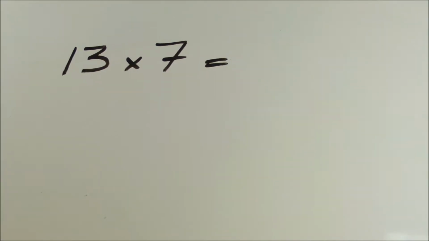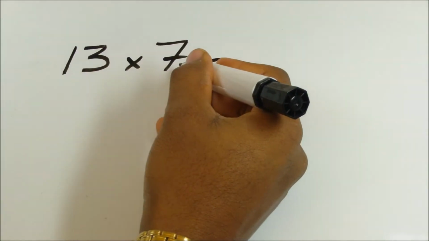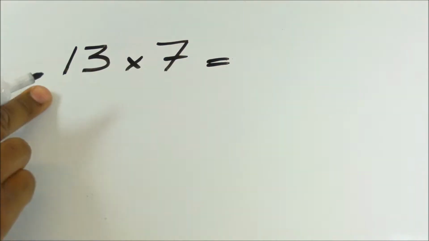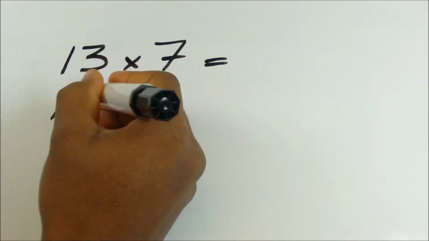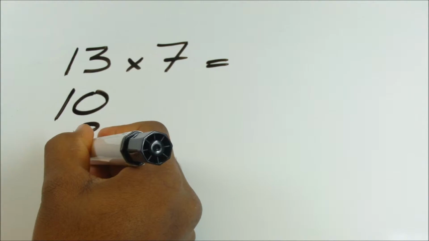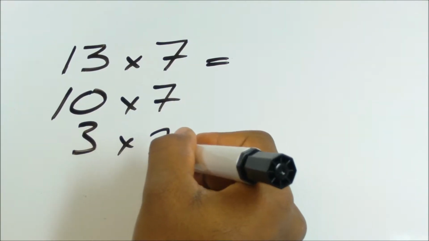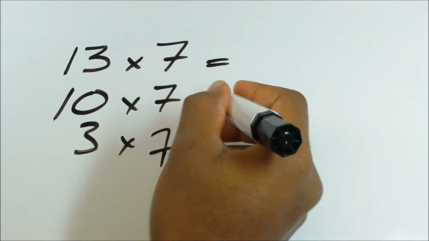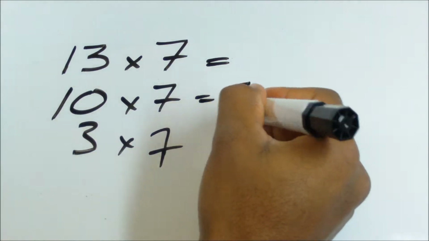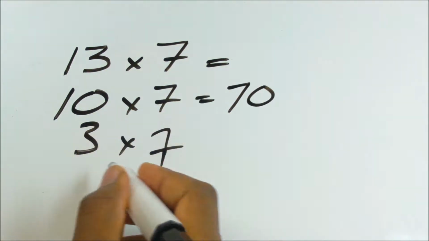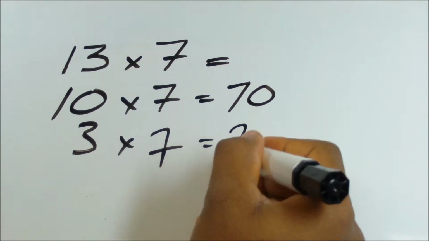Here's another example to help you with the 24 times table software. 13 times 7. You can break this number down into 10 and a 3, and you multiply these. 10 times 7, as you know, is 70. 3 times 7 is equal to 21.